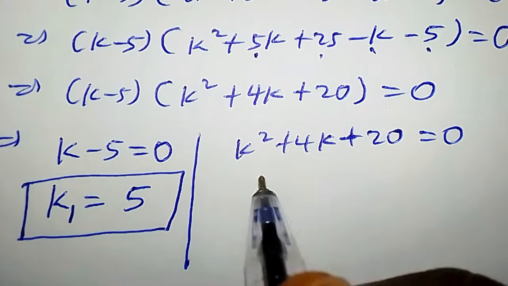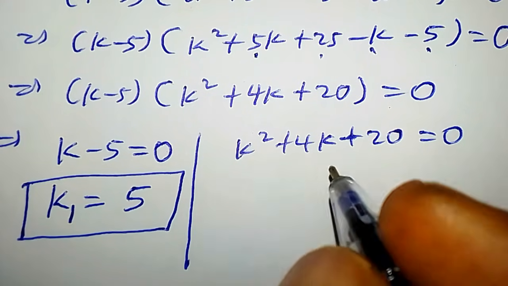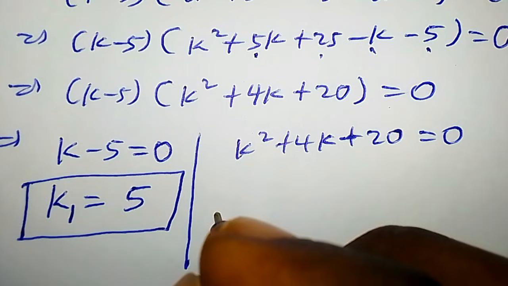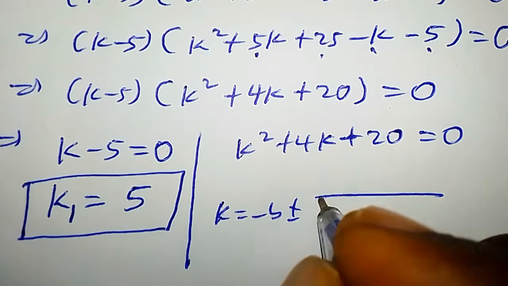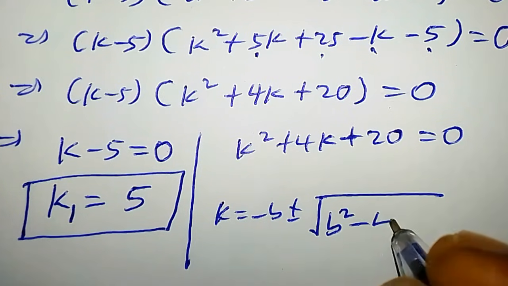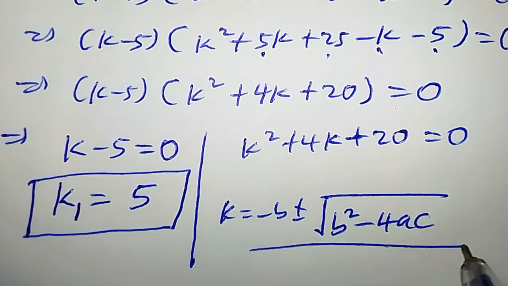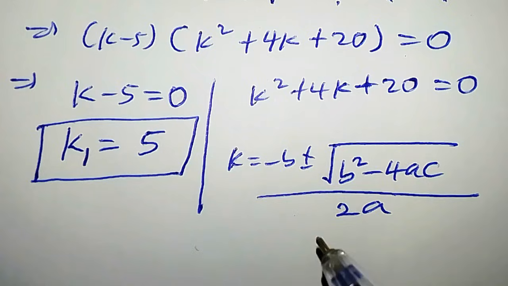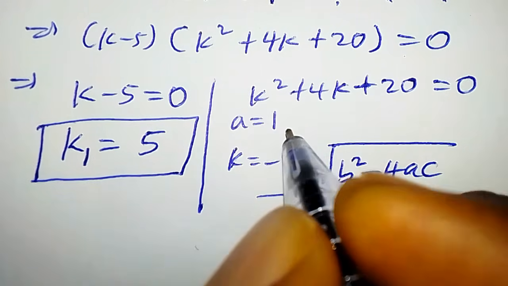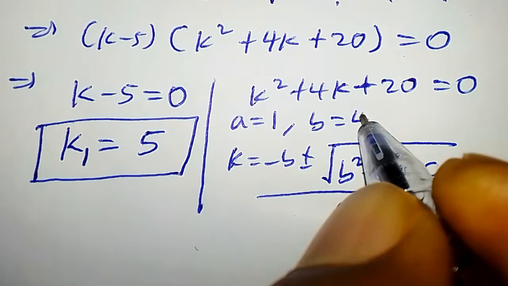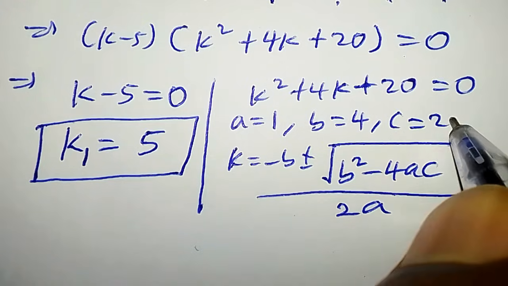Now, let us solve this quadratic equation using the quadratic formula, which is K equal to minus B plus or minus square root of B square minus 4AC, all divided by 2A. From this equation, it is obvious that A is equal to 1, B is equal to 4, and C is equal to 20.